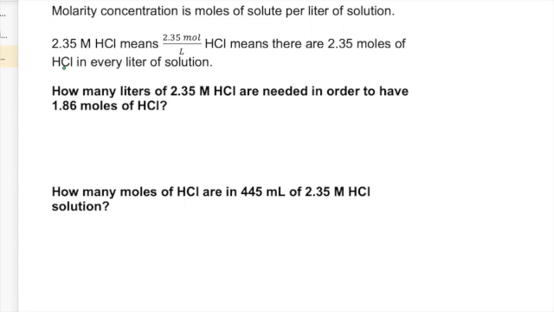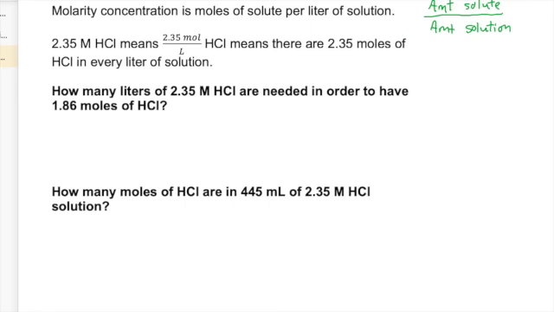Here are some conversions with molarity instead of mass percent concentration. Molarity, the amount is moles of solute per liter of solution. So remember, it's always amount of solute over amount of solution. In the mass percent, it was grams of solute over 100 grams of solution.